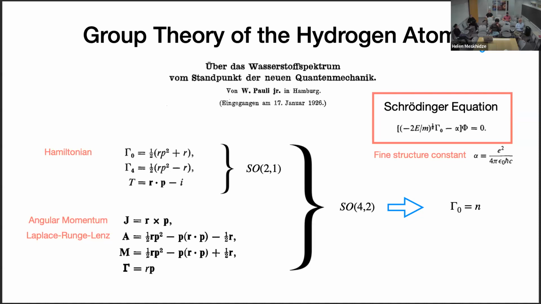So the Hamiltonian is part of a conformal group, SO(2,1), with these 2 operators, and they commute with each other to span an even larger group, SO(4,2). And Pauli used this group theory argument, essentially. This is a slightly more modern language, but essentially he used this argument to fix the eigenvalues of this Hamiltonian operator in terms of quantum numbers of this group, SO(2,1).